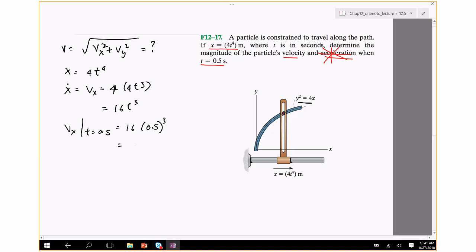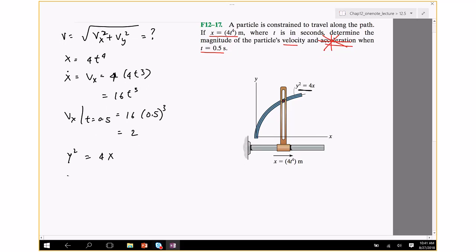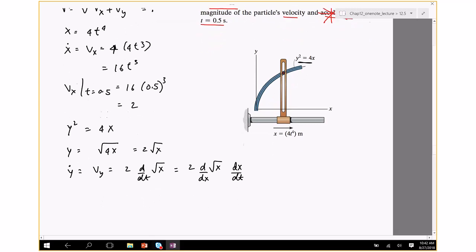That's 2. And then I need to find vy. I know that y squared equals 4x, or I can write y equals square root of 4x, which is 2 square root x. If I want to find y dot, which is vy, it's going to be 2 d/dt of square root of x, which is 2 times d/dx of square root of x times dx/dt. That's the chain rule.